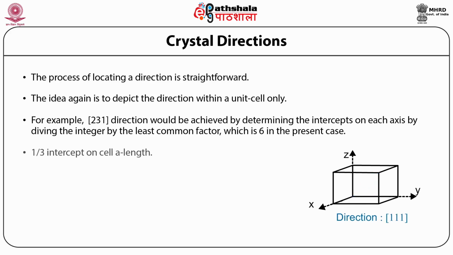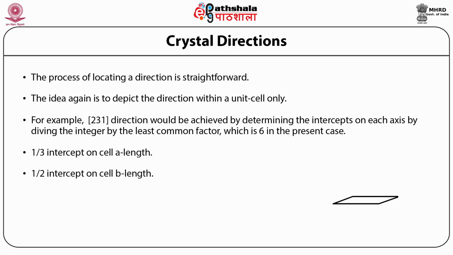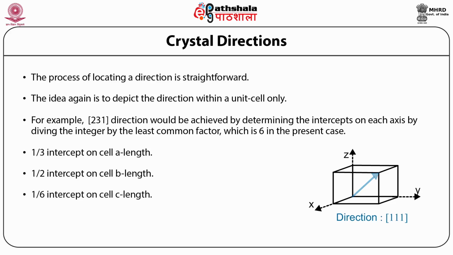So 1 by 3 intercept on the cell of a length, that is the x-axis, 1 by 2 intercept on a cell of b length, that is the y-axis, and 1 by 6 intercept on a cell of c length, that is the z-axis. To find the indices of a direction, the reverse approach is adopted.